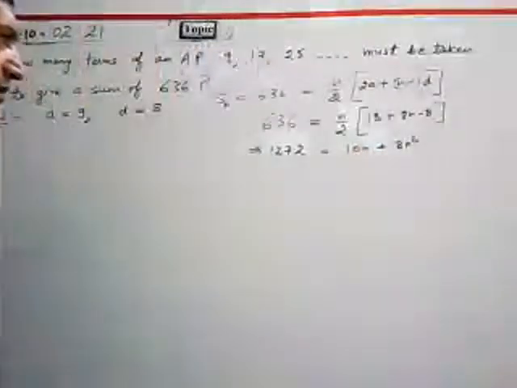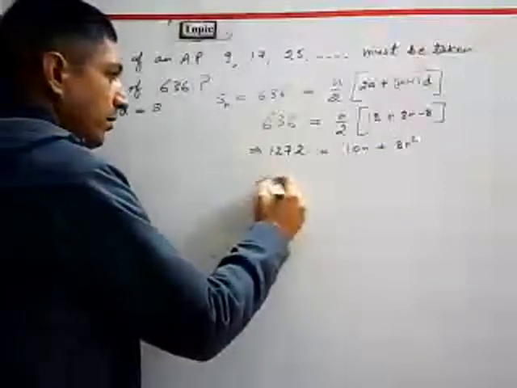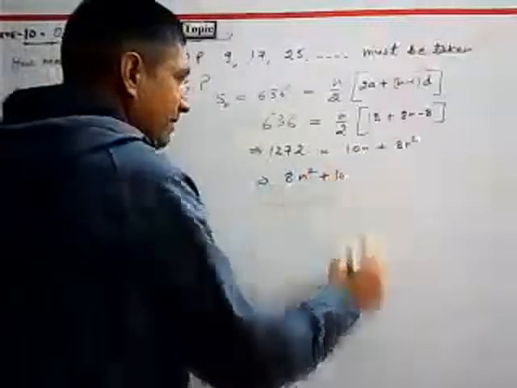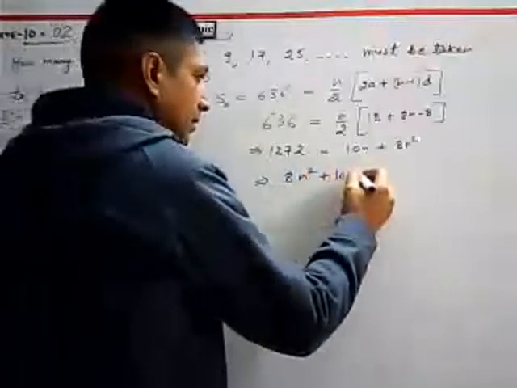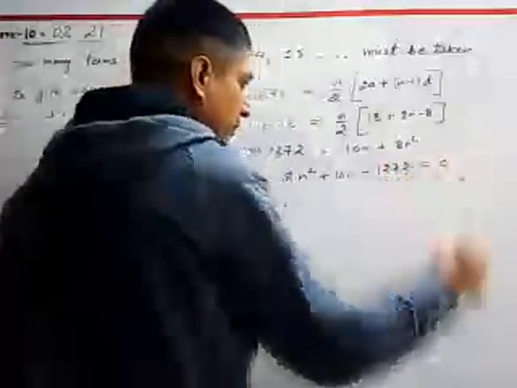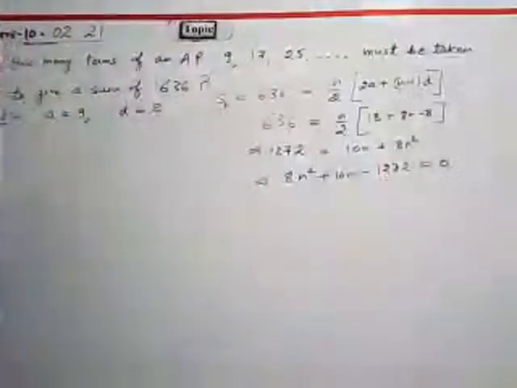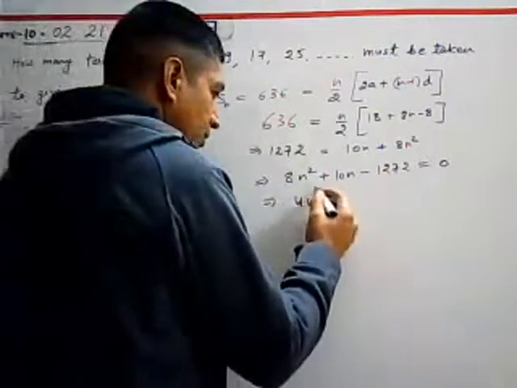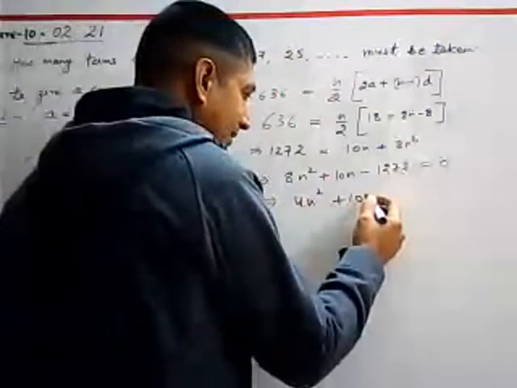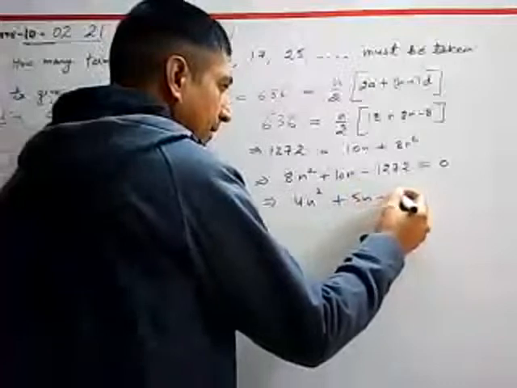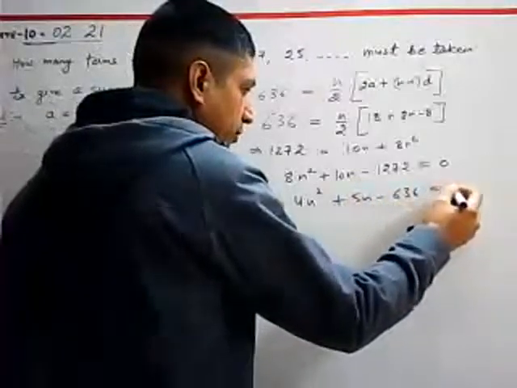So we have a quadratic equation in this form: 8n square plus 10n minus 1272 is equal to 0. Right, this is a quadratic equation. We can write it in this form also, that is 4n square plus 5n minus 636 is equal to 0.